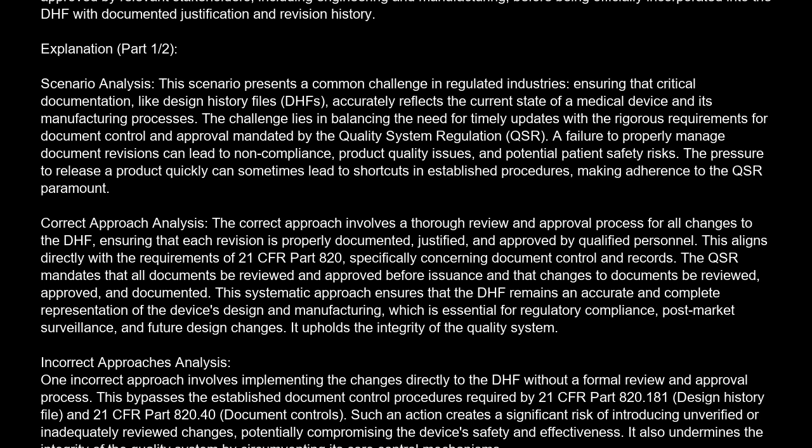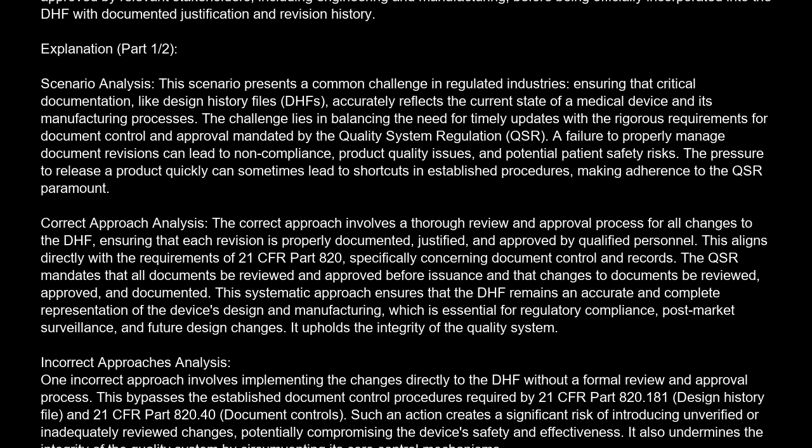paramount. Correct approach analysis. The correct approach involves a thorough review and approval process for all changes to the DHF, ensuring that each revision is properly documented, justified, and approved by qualified personnel. This aligns directly with the requirements of 21 CFR Part 820, specifically concerning document control and records.